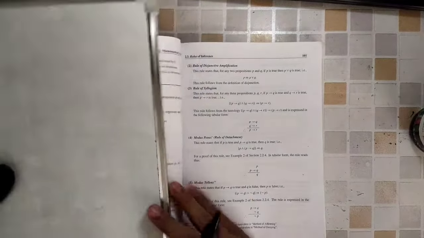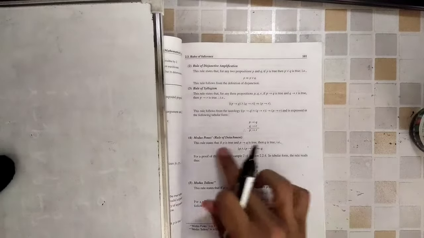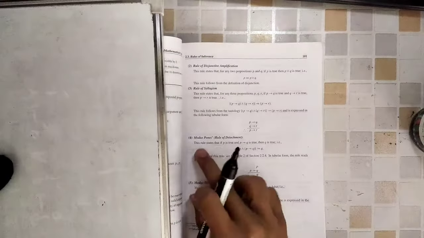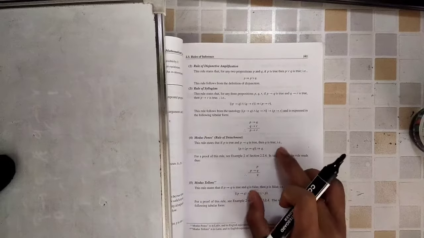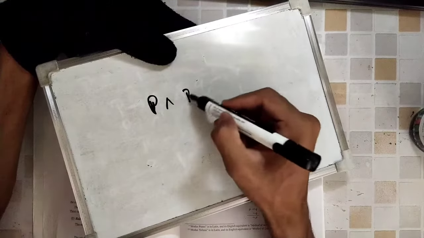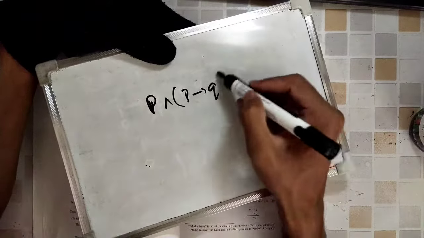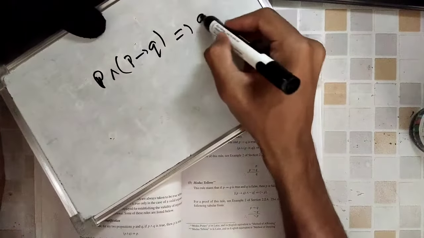Then one of our most important rules of inference, modus ponens. In modus ponens there is a rule of detachment. The rule states that if P is true and P implies Q is true, then Q is true.